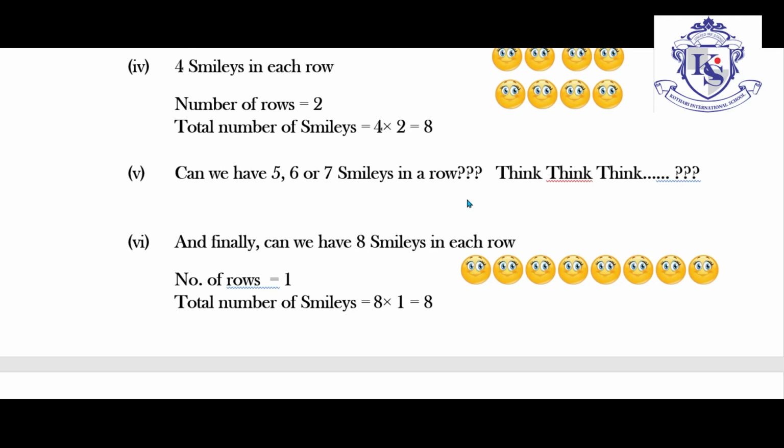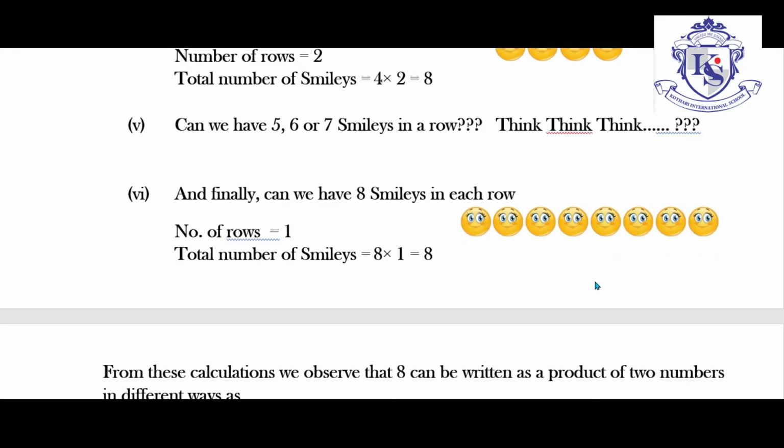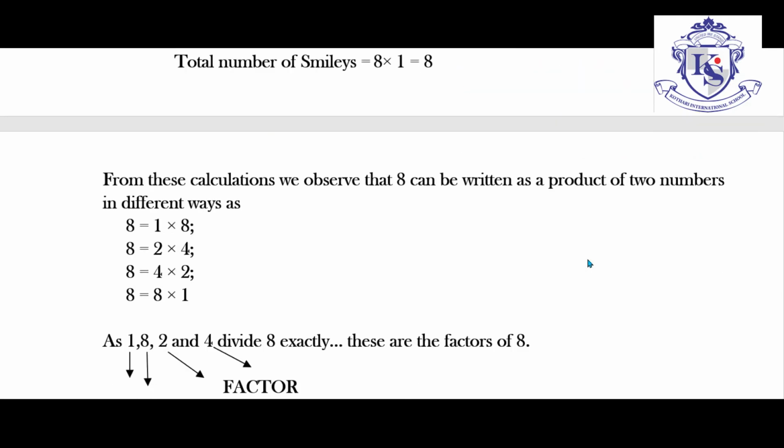Well, if we have 5, 6 or 7 smileys in a row, we can have one row with 5 smileys, 6 smileys or 7 smileys, but we cannot have another row with the same because the number that we are arranging is only 8. And finally, if we have this kind of an arrangement where we have only one row and we've got 8 smileys in it. So as you just saw, we can arrange numbers in various ways.